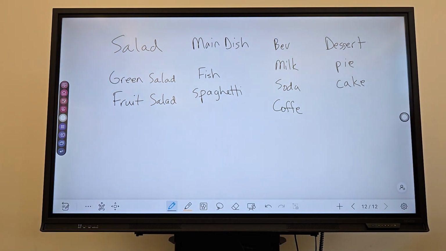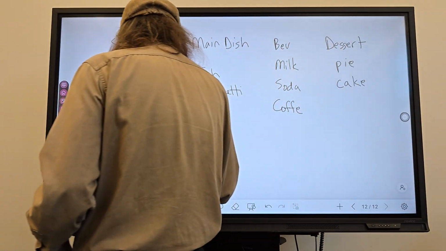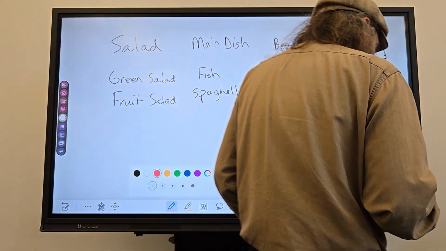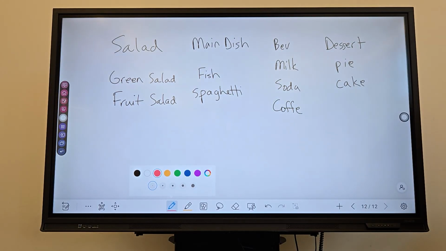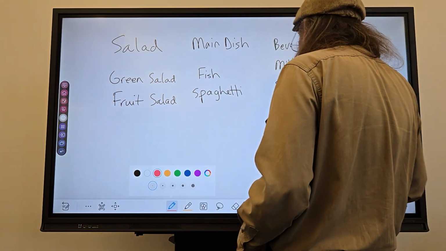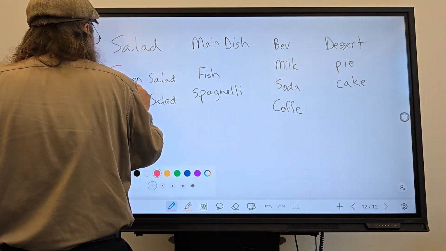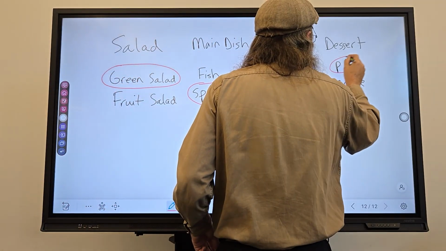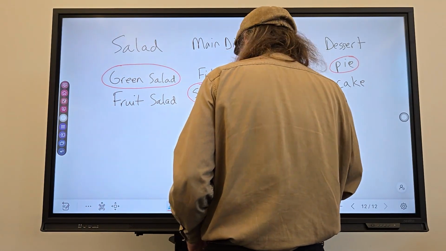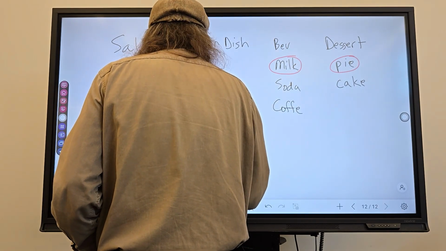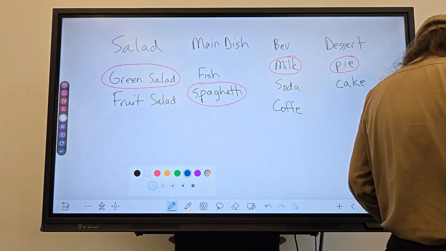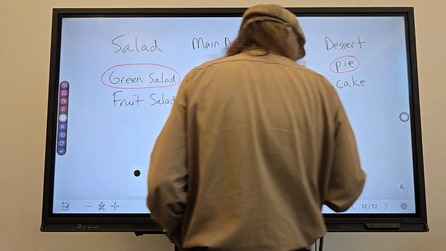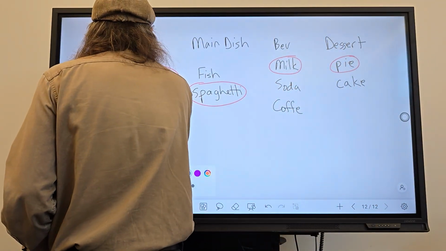Now, one student had the green salad, spaghetti, pie, and milk. Another student had fruit salad, fish, pie, cake, milk, and coffee.